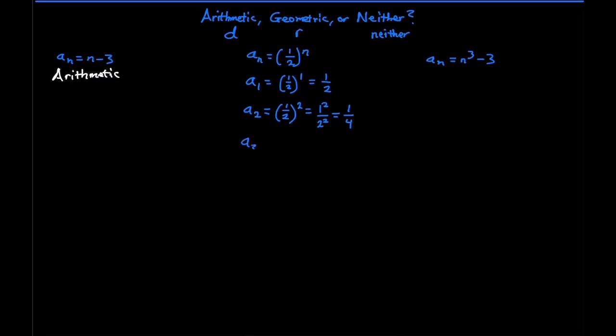And you go on to a3. And you start over again. You put the 3 where the n is, then you apply it to both numbers in the fraction. This is 1/8. It won't simplify beyond that, so that's as far as we need to go there.